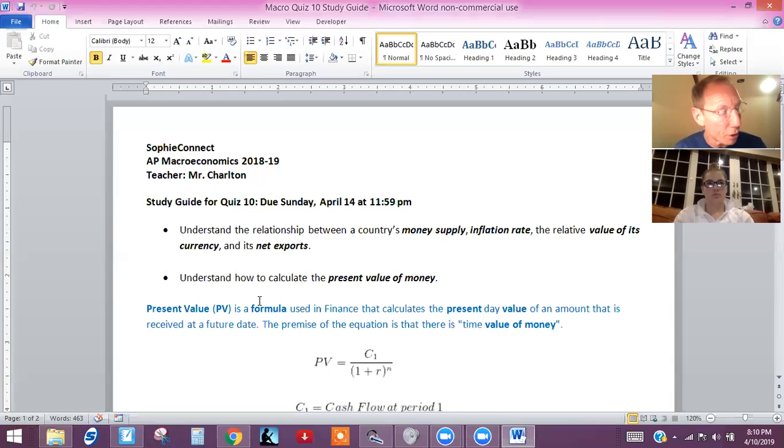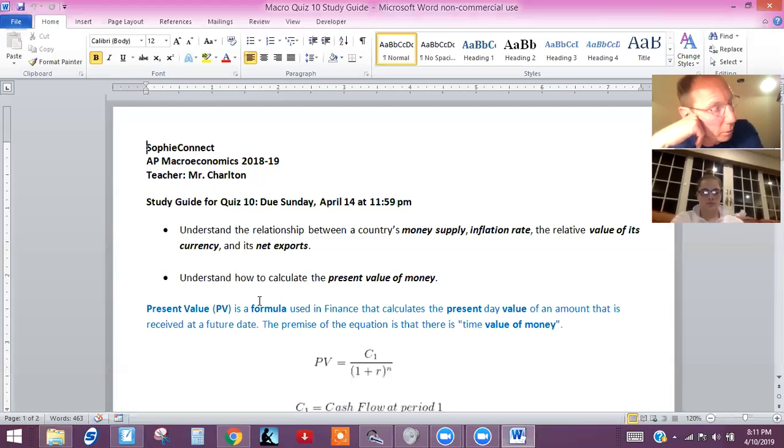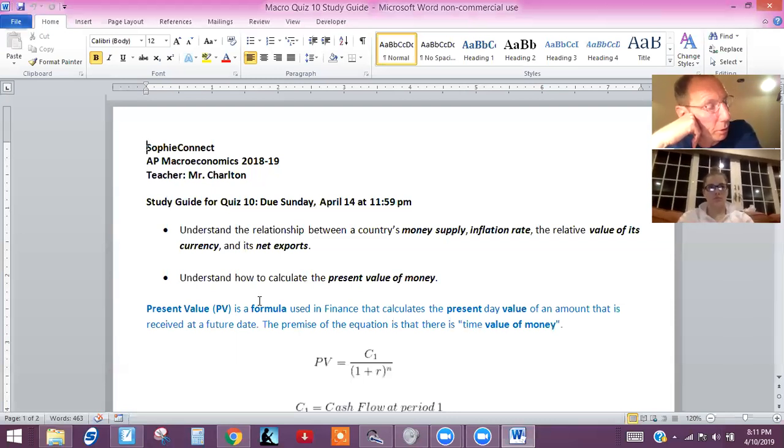What could cause that? Now, this gets into this idea of inflation, right? So if we have inflation, that's going to decrease. Oh, I see. Okay.